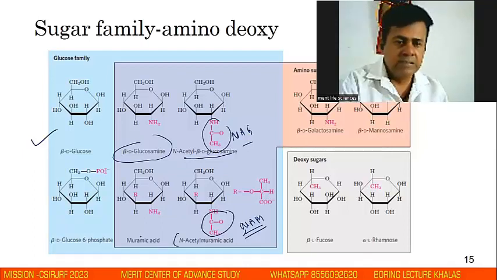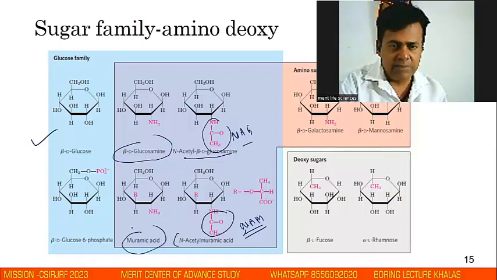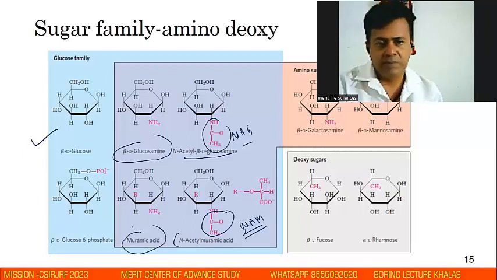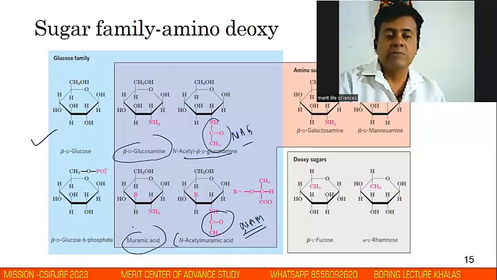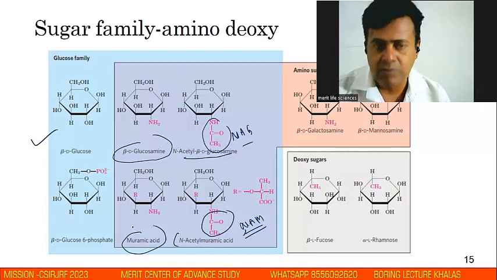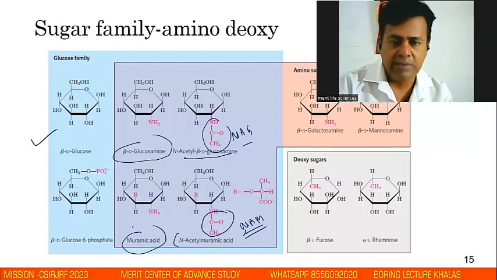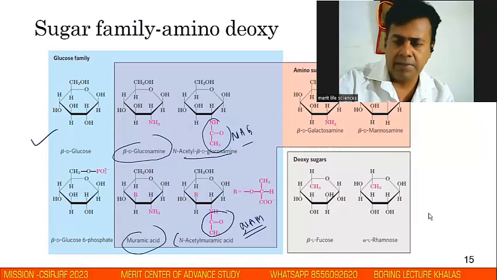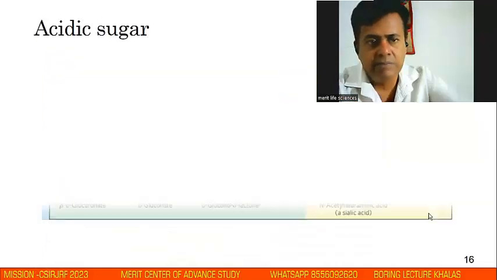What is this? And then muramic acid. This is also part of the bacterial cell wall. Okay. So I think more than protein, the sugar family is important, because many teachers ignore the sugar families in detailed discussion. But I decided that I should discuss them in great depth.